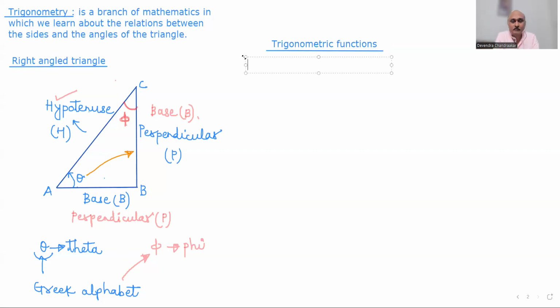Trigonometric functions are used to connect or to relate the angles and the sides of the triangle, right?